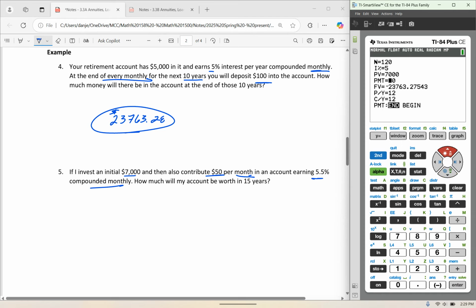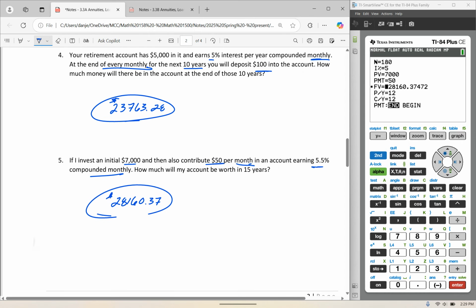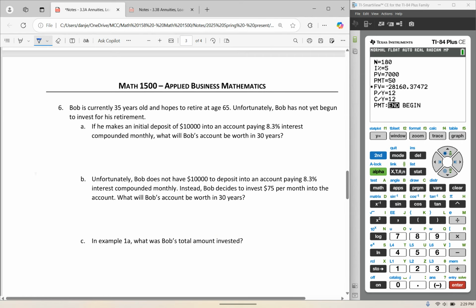How much will my account be worth in 15 years? 12 months per year for 15 years is 180 months. So my future value is $28,160.37. Okay. It's fairly straightforward with the TVM solver.